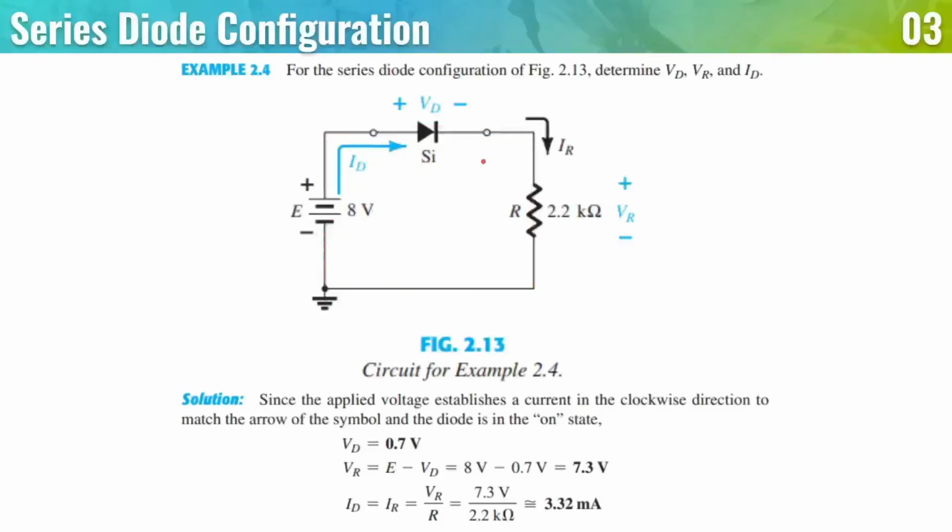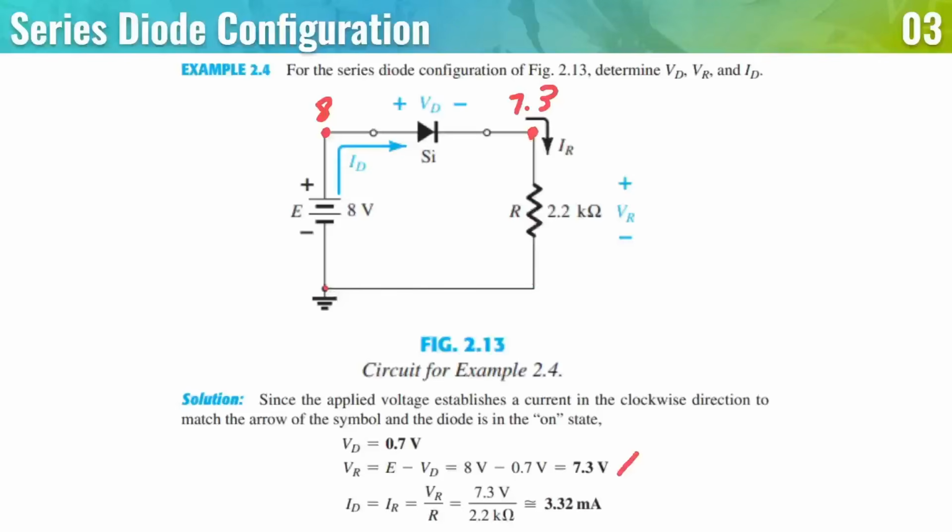What you need to know is that the current is going to be the same across the diode and across the resistor. Using that, we have 8 volts. Let's look at the node voltages. 8 volts going through this forward bias diode, this point is going to be 7.3 volts. And then we go across the resistor.